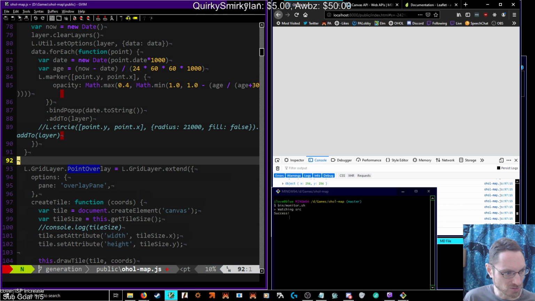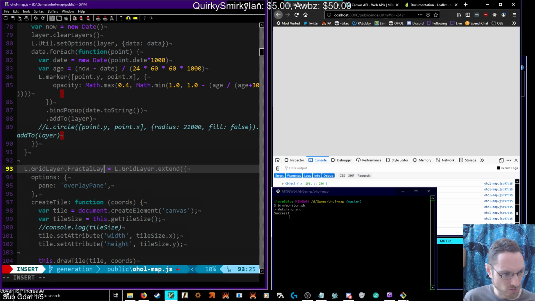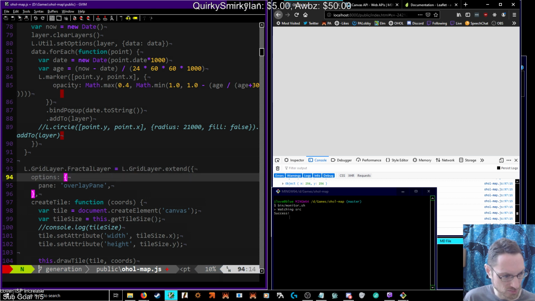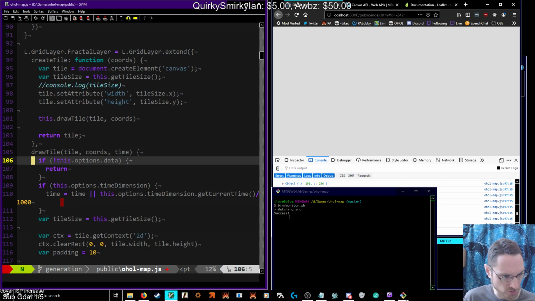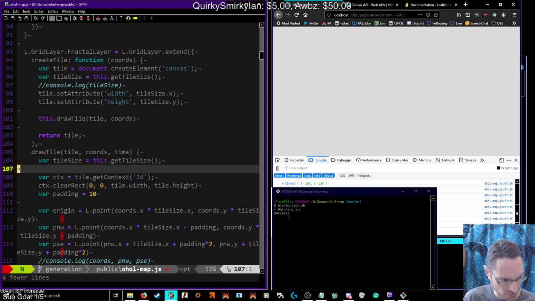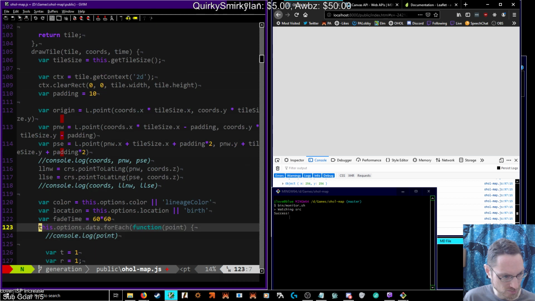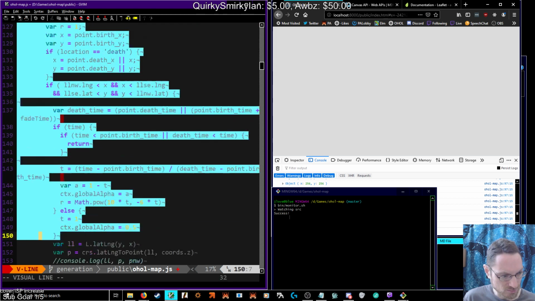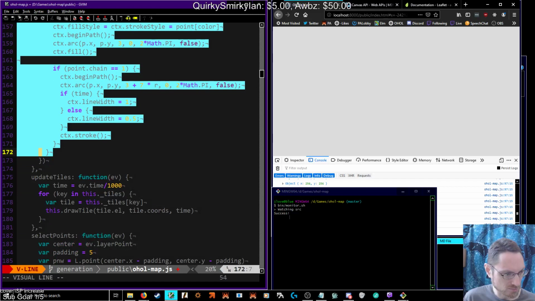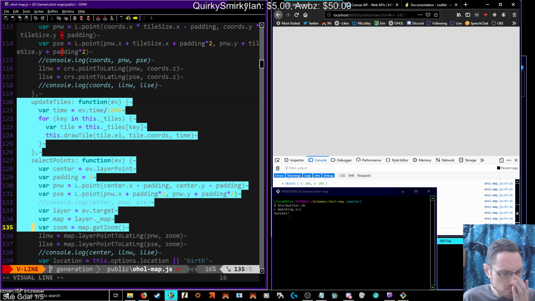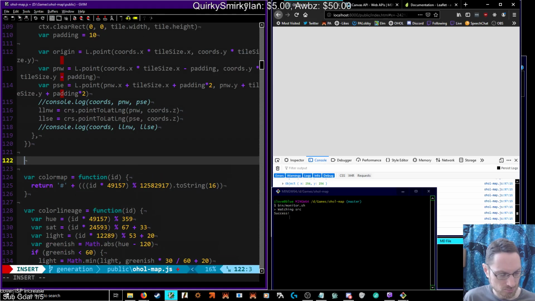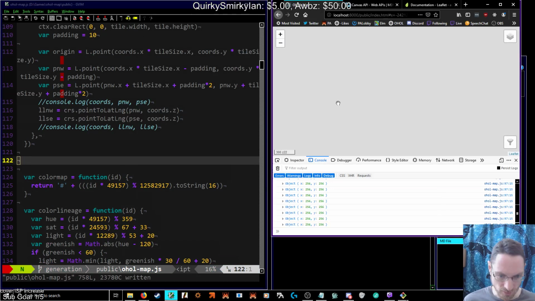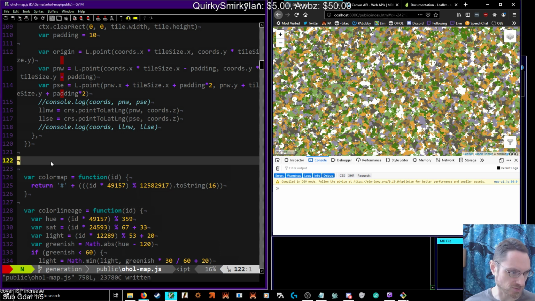All right, so before we start messing with color stuff, fractal layer, and I need to get this as different as possible as soon as possible so we don't mess this up again. All right, no syntax errors.